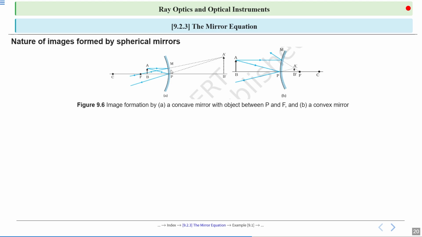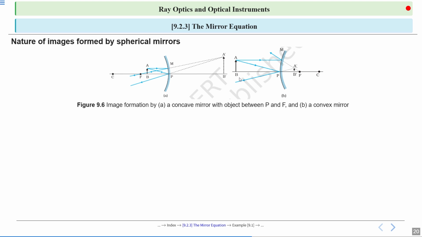Okay, you can see, the reflected rays are diverging rays. So after extending them behind the mirror, they will meet at a point, forming a virtual image behind the mirror. So only one case of the concave mirror is for a virtual image. The other 5 cases are for real images.